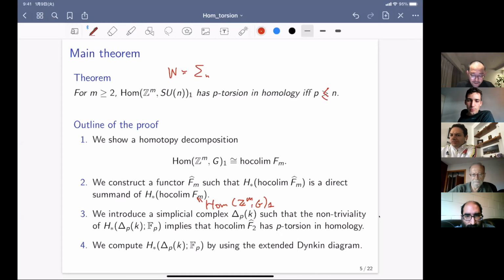So the problem is now reduced to computing the mod p homology of this simplicial complex, and how to compute its homology is the fourth step. We compute its homology by using the extended Dynkin diagram of G.